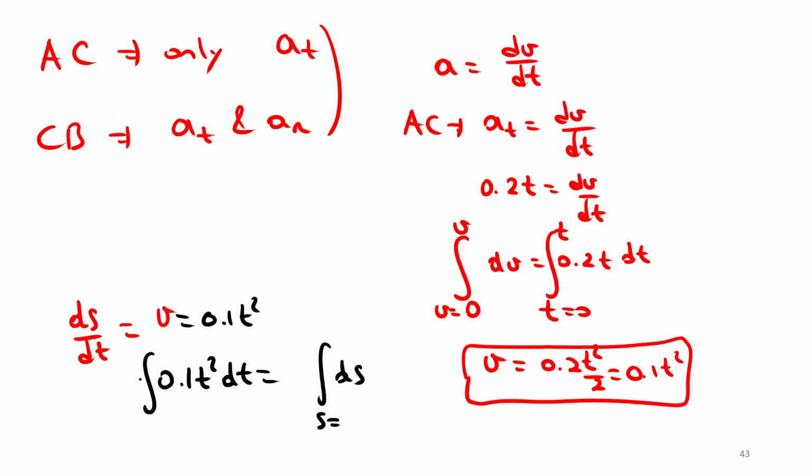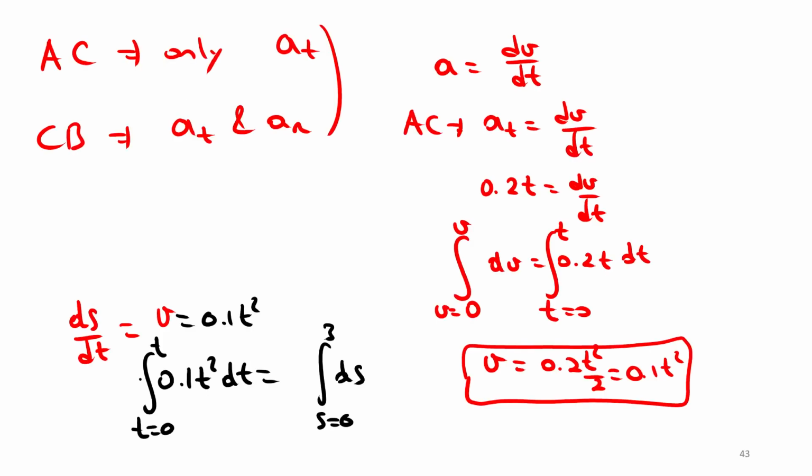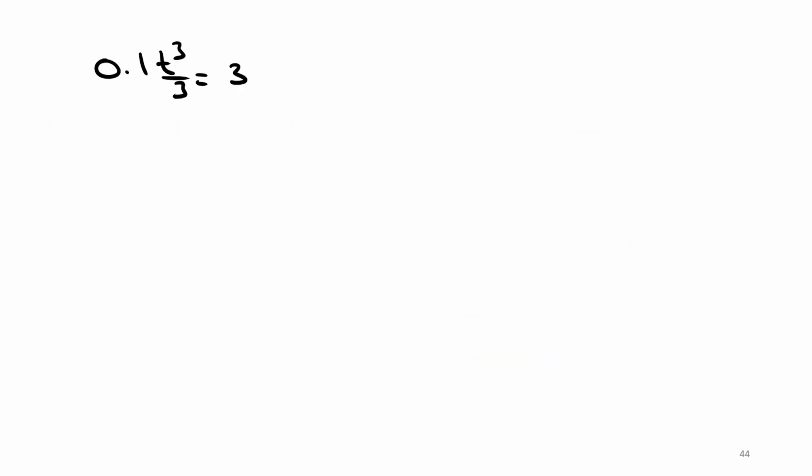S is from 0 to 3 meters and t is from 0 to t. Okay, so if I solve it, then it becomes 0.1 t to the power of 3 divided by 3 is equal to 3 minus 0. So then it follows that t to the power of 3 is 90.